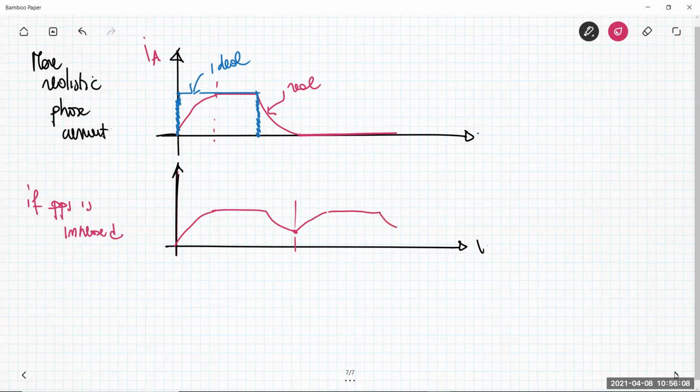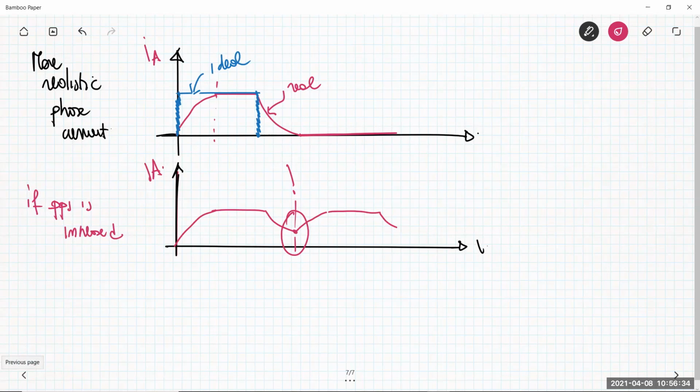As you can see, these pulses are so close to each other that, for example, the current never reaches zero. And if the current never reaches zero, it means that you have the phase always energized, the phase A, for example, even when the phase B is energized. So there is no more the situation in which you have just one phase on.